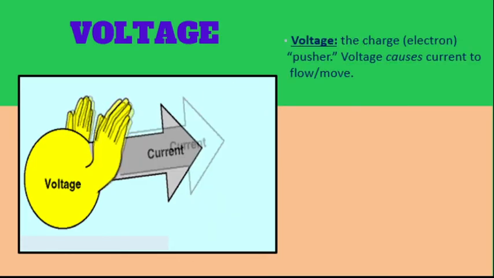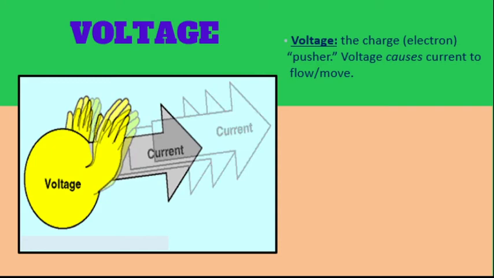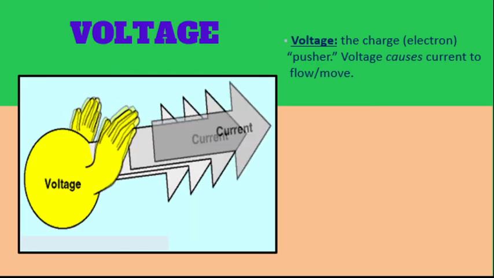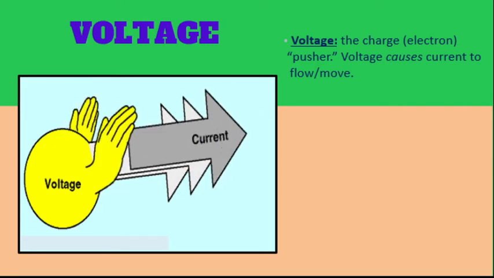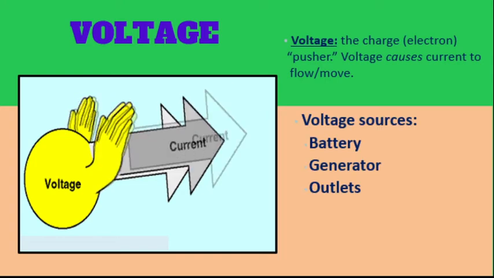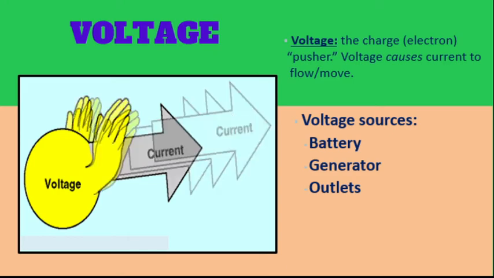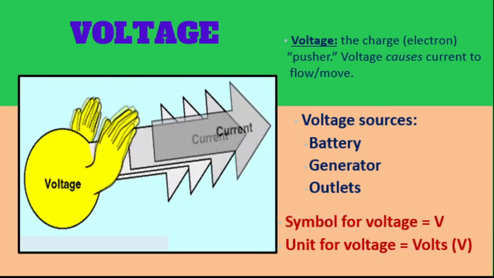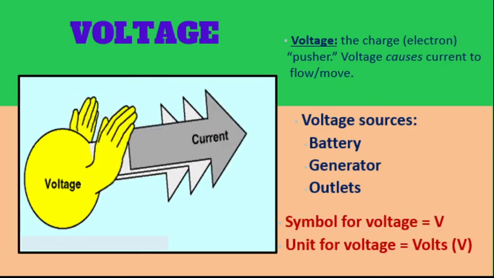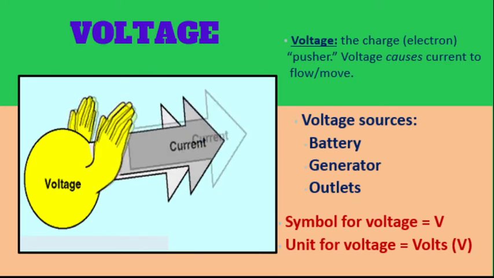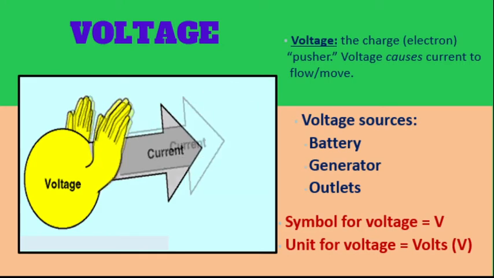Voltage, the charged electron pusher. Voltage causes current to flow or move. So voltage sources are battery, generator, and outlets. The symbol for voltage is capital V, and the unit for voltage is volts.